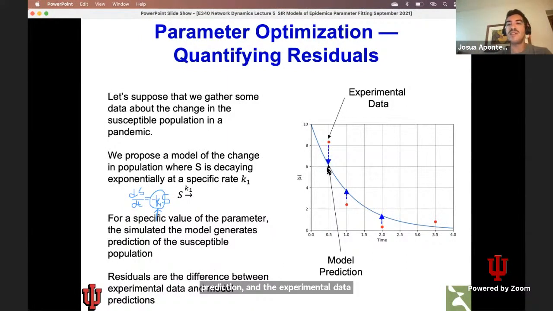And we call this distance the residuals. That's an important concept because we're going to keep referring to it.